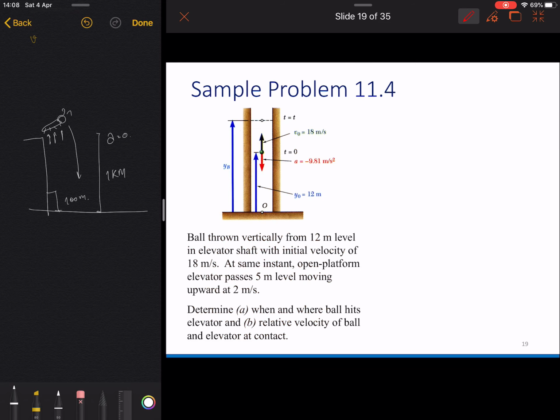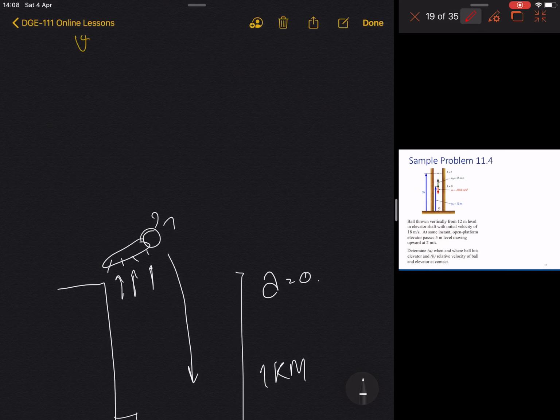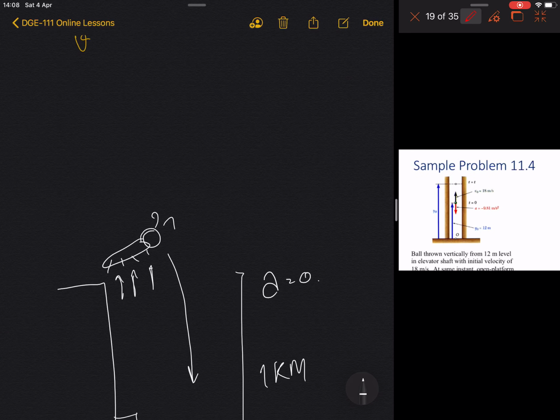Okay, so let's get to the exercise here. Let's see, what do we have here?